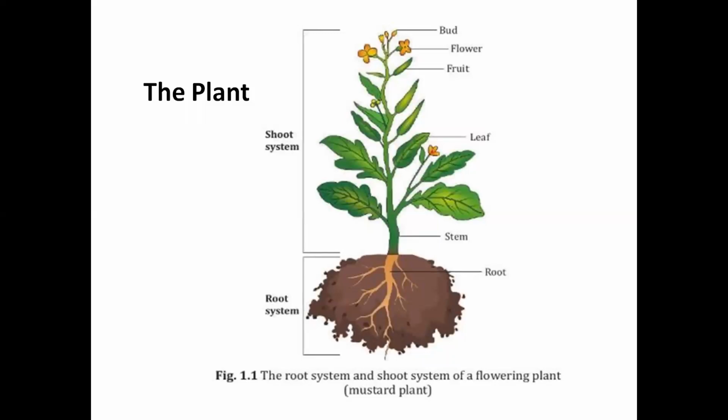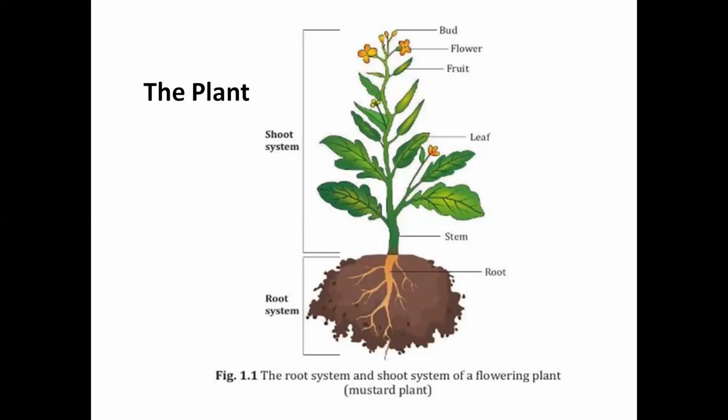Most of the flowering plants grow from a seed. In a seed, the embryo contains an embryonic root called the radicle and an embryonic shoot called the plumule. The radicle grows downward into the soil and forms the root system, while the plumule grows upward above the ground and forms the shoot system.